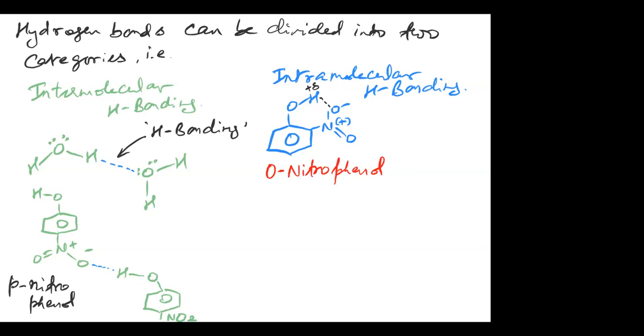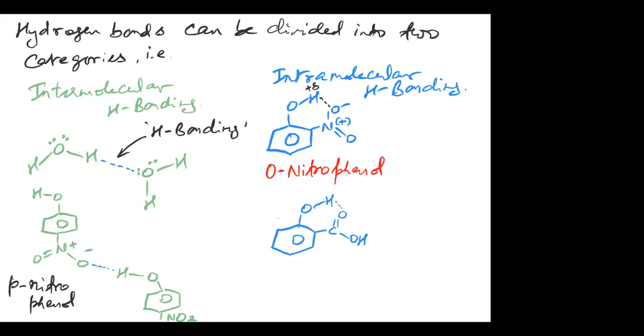Similarly, you can see an example of intramolecular hydrogen bonding. This may be another compound. It is, let's say, OH, and it is double bond O and OH is attached here.